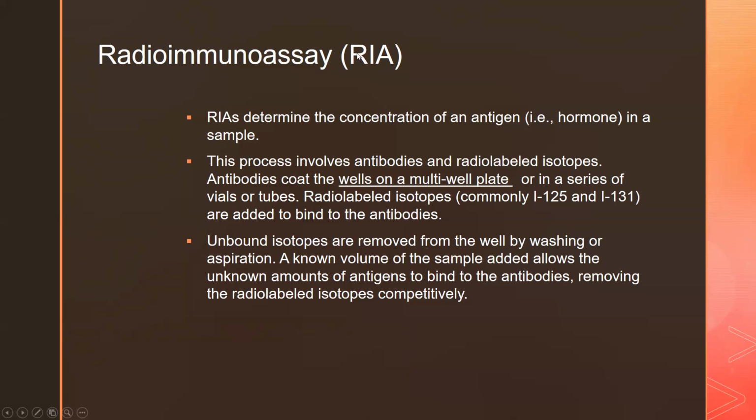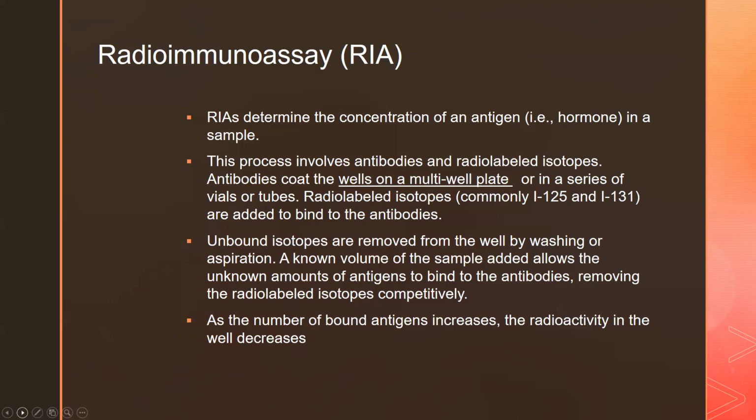So you can use RIAs, radioimmunoassays, and these determine the concentration of an antigen, so hormones, proteins, whatever you're looking at in a sample. It basically involves antibodies and radiolabeled isotopes. The unbound isotopes are removed from the well with washing or aspiration, and a known volume of the sample is added to allow the unknown amount of antigens to bind to the antibody.